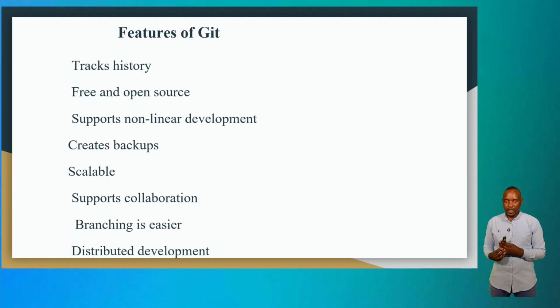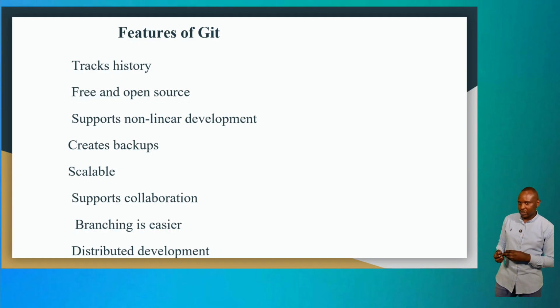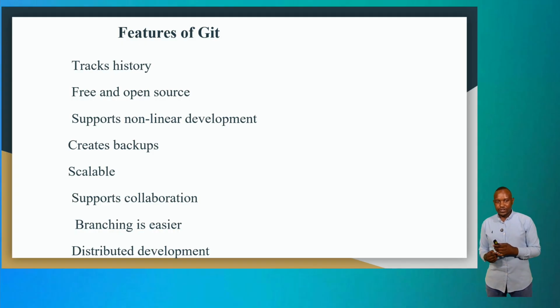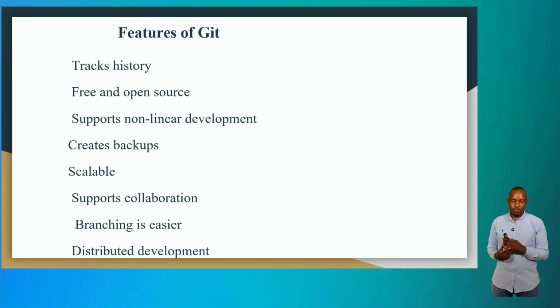Another feature of Git is that it supports non-linear development. In every development, you can use Git. Another feature is creating backups. For example, we can store what we have done the last time by using Git.